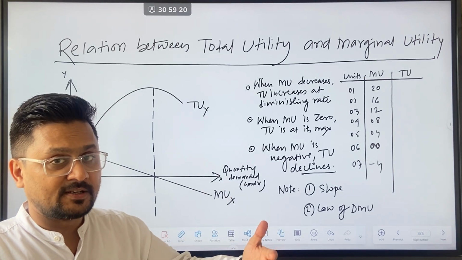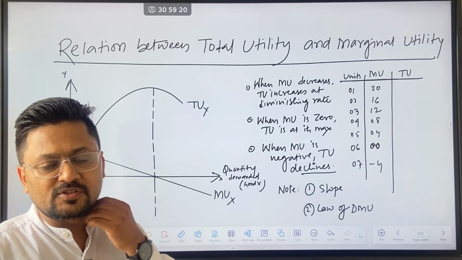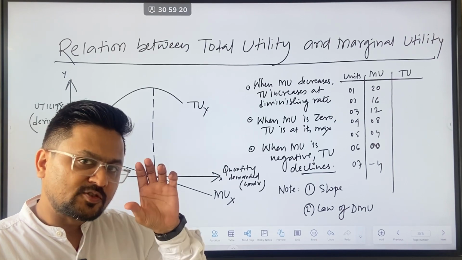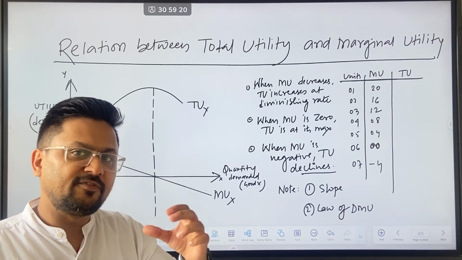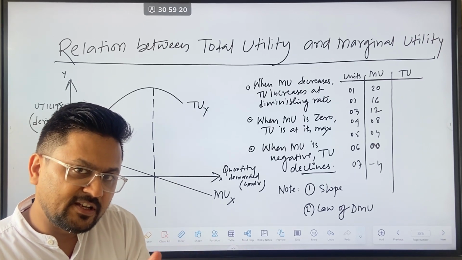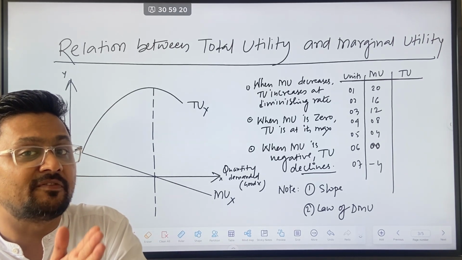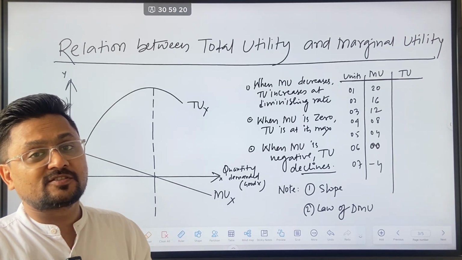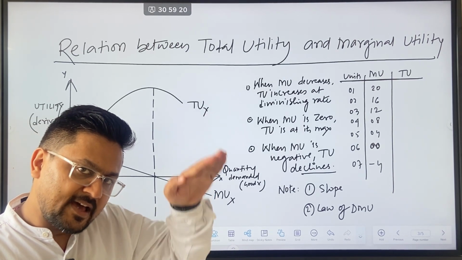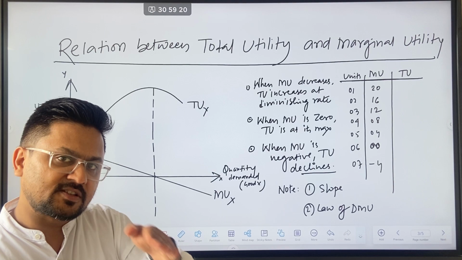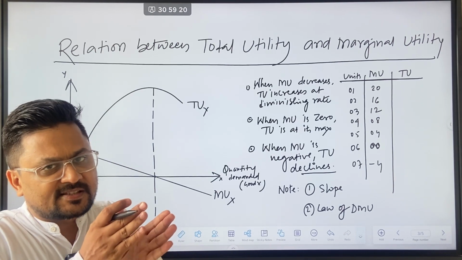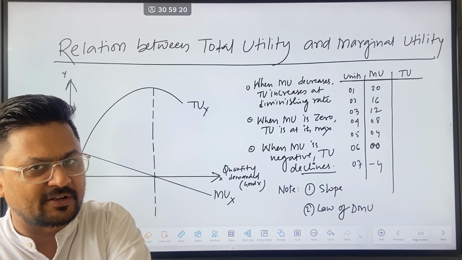Suppose you have a glass of juice. The first glass of juice will give you the maximum level of satisfaction, the second will give you less, the third may give you even less, and the fourth glass of juice you may not like to consume. So as more and more units of the same commodity are consumed, the satisfaction derived keeps on diminishing.